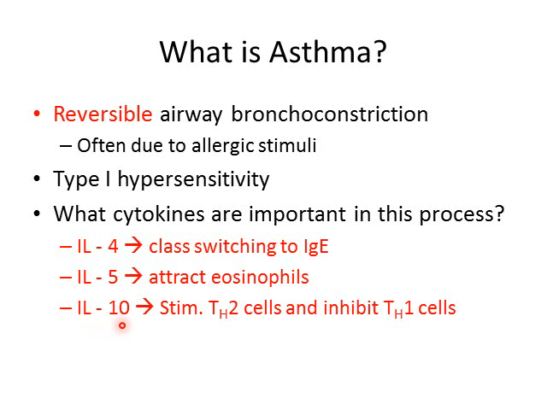And then we have IL-10, which allows us to maintain this process by stimulating the development of Th2 cells. These are all big components of an allergic response: IgE, eosinophils, Th2 cells. And interestingly enough, IL-10 inhibits Th1 cells. So we're perpetuating our ability to generate an allergic response. And this is due to some sort of stimulus. Something is triggering this condition.